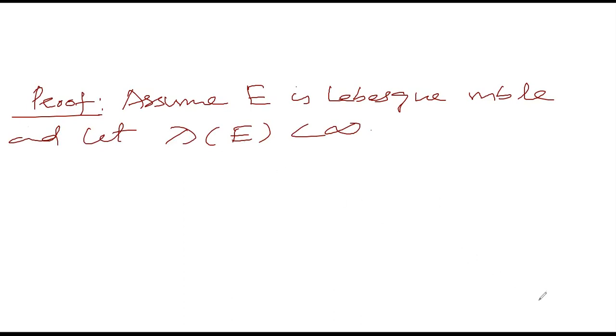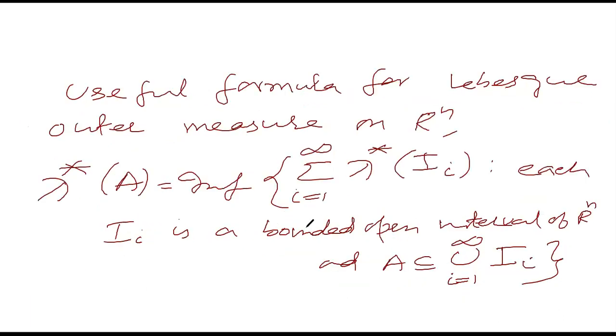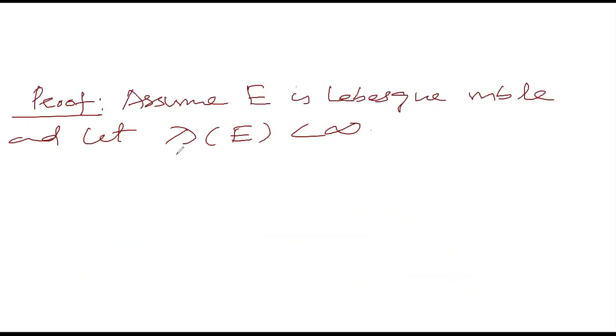Now, what is this Lebesgue measure actually? The Lebesgue measure of any subset of R^n is an infimum. So for any epsilon positive, you apply this useful formula. Let epsilon be any positive number.